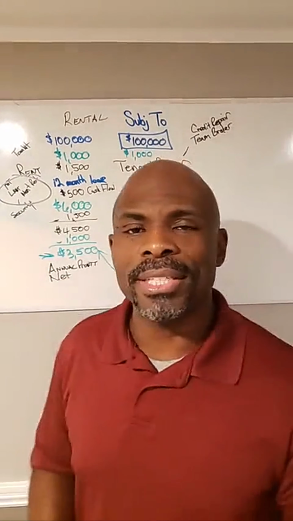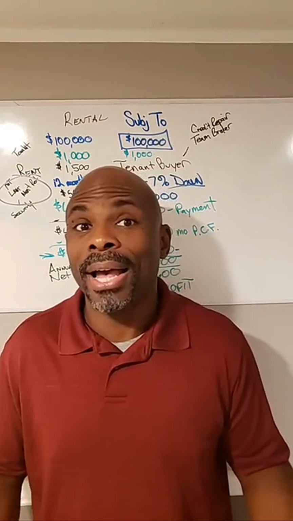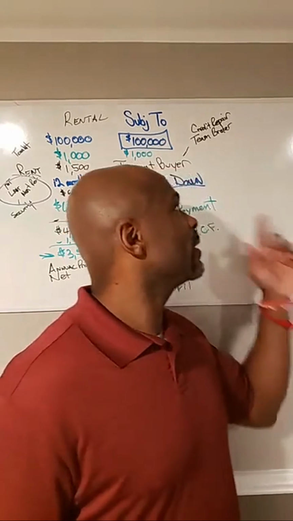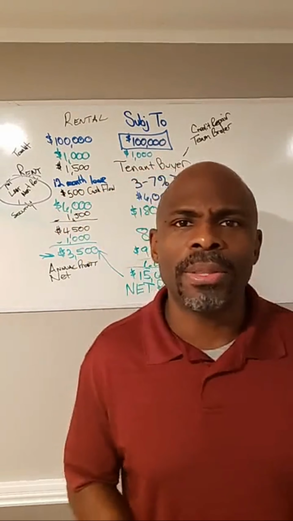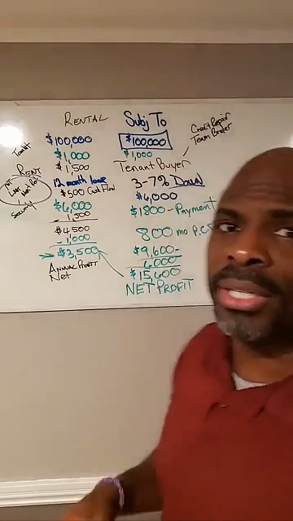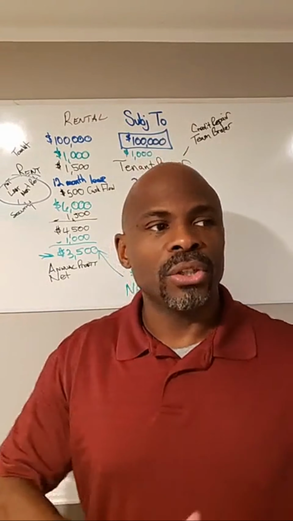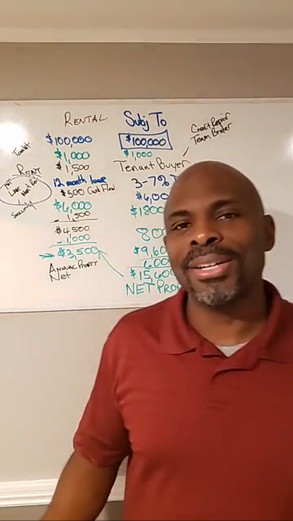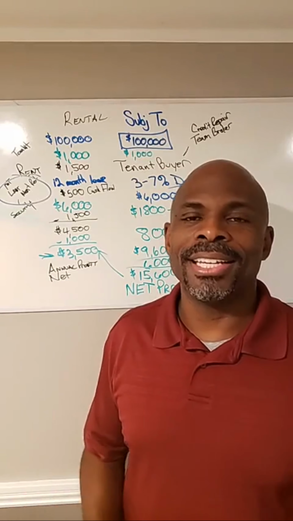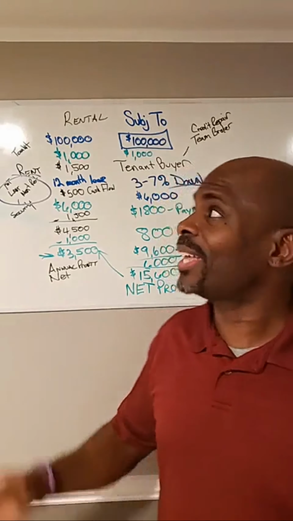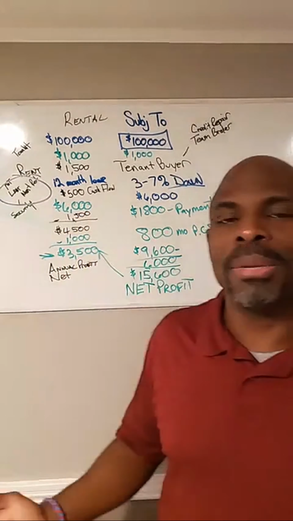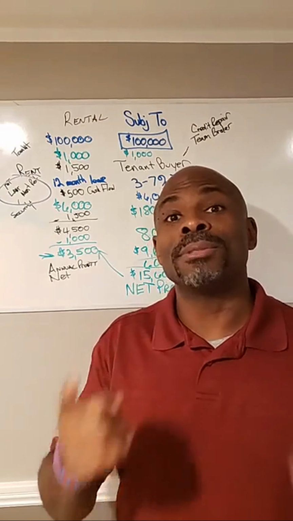Plus, you're helping the tenant buyer because they can't buy without some kind of assistance, right? So they found a house they like, and now you're helping them. You're helping the mortgage broker get a commission. So you're reaching out, helping all these folks with different scenarios. All right. So I ask again, which is better, renting or this? It's all up to you, right?